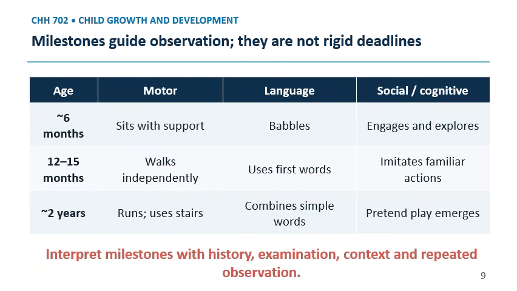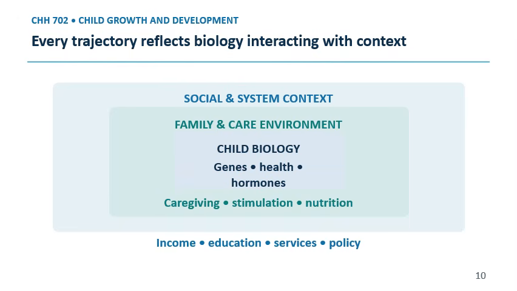More concerning patterns include delay across several domains, loss of a previously achieved milestone or ability, abnormal neurological signs, or persistent parental concern. A child's trajectory reflects continuous interaction between the biology and the context. At the center is the child's genetic inheritance, health, sensory function, hormonal regulation, and biological maturation.